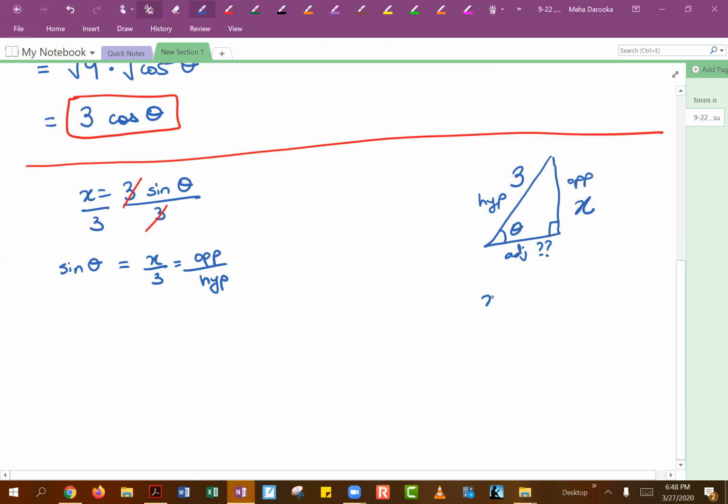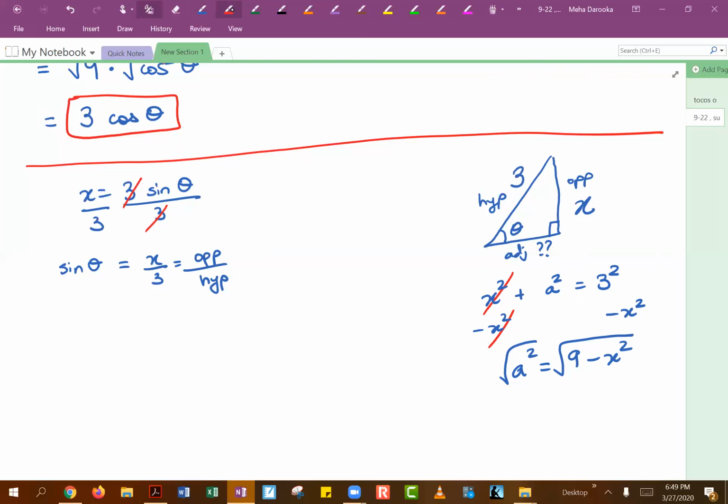So again, I'll just call it A for adjacent, to calculate your missing side by using the Pythagorean theorem. So again, I would go ahead and subtract my x squared from both sides since we're trying to find A. And that would be A squared equals 3 squared is 9 minus x squared. And then of course we would take square roots on both sides.